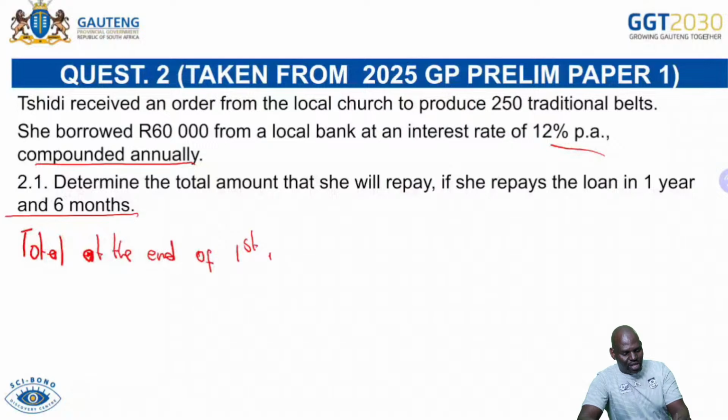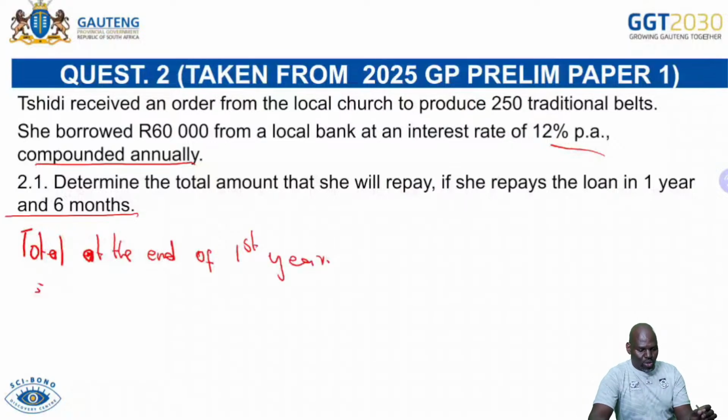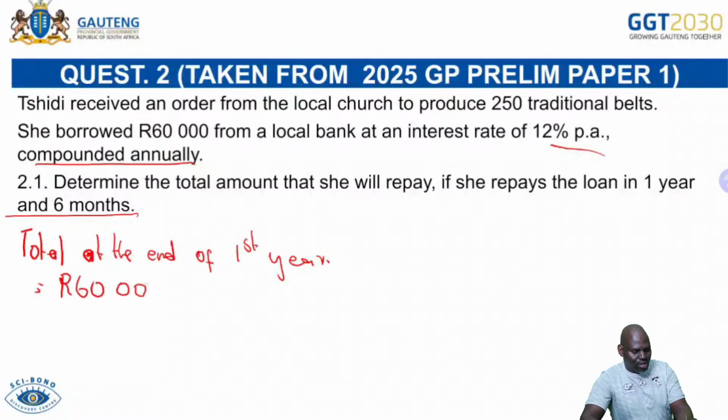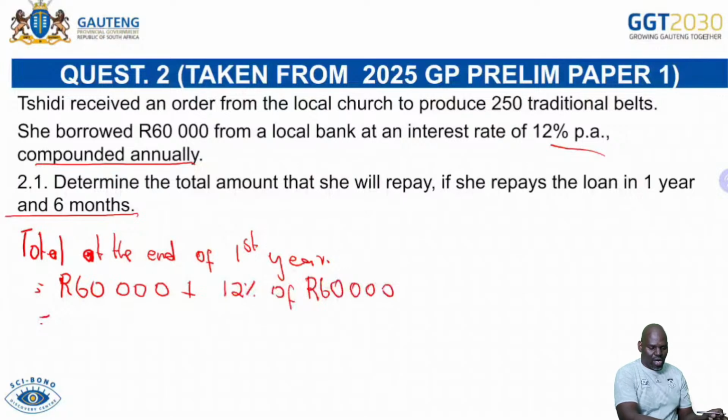So the amount will be 60,000 plus 12% of 60,000 rand. Okay, then I can just calculate it. 12% of 60,000.